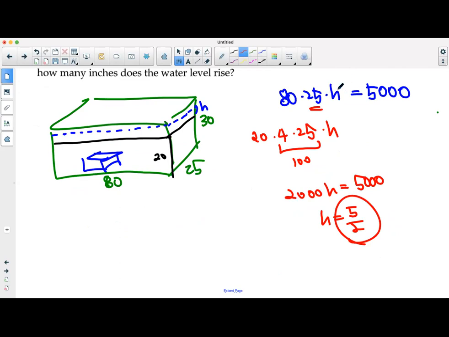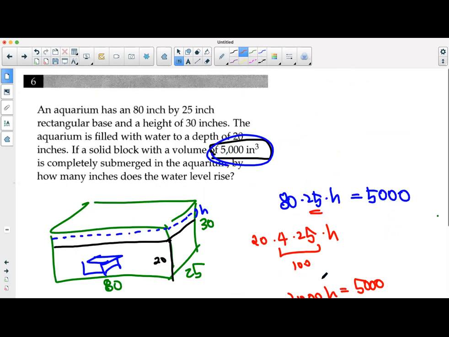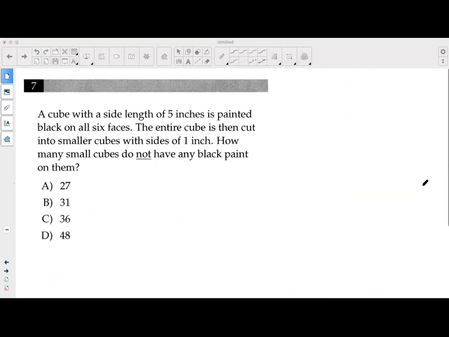Alrighty, guys. So next one is 7. A cube with a side length of 5 inches is painted black on all 6 faces.